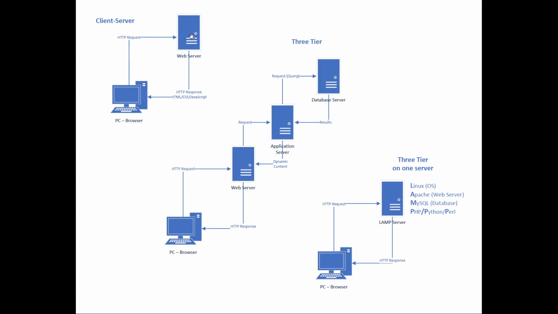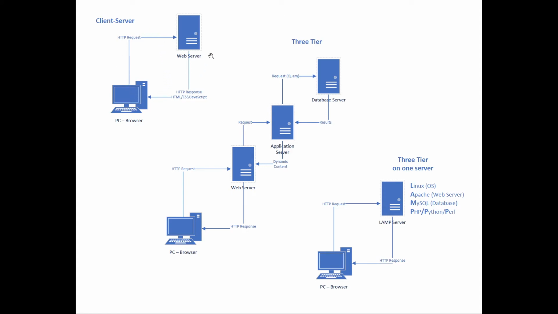And the web server looks around and says, hey, where's this content they're looking for? It finds the content, and it responds by sending back an HTTP response that contains HTML files, CSS files, and maybe JavaScript files, which get executed by the browser on the computer. So that's the basic client-server model.